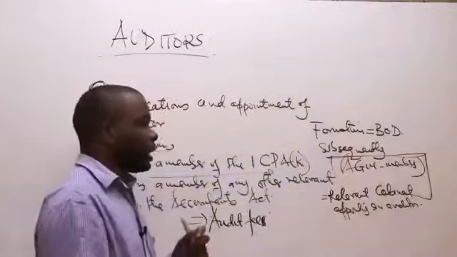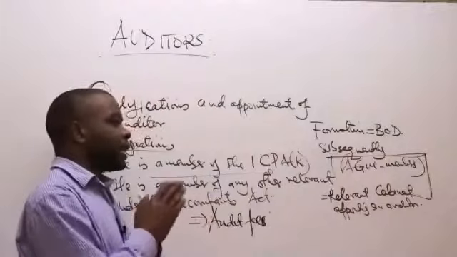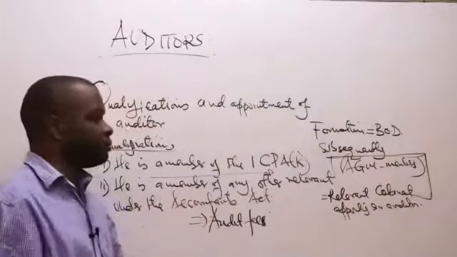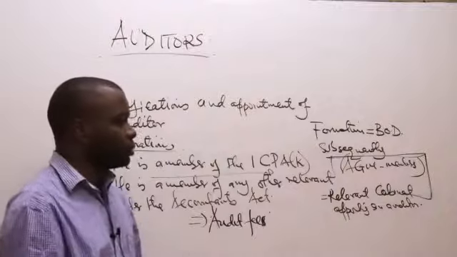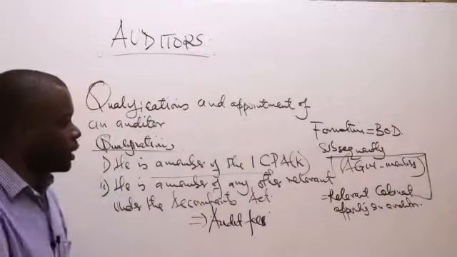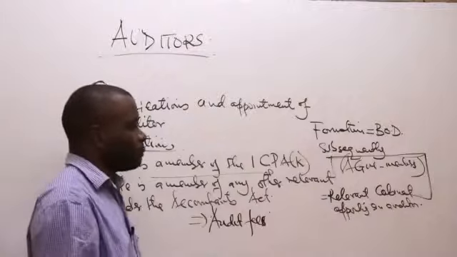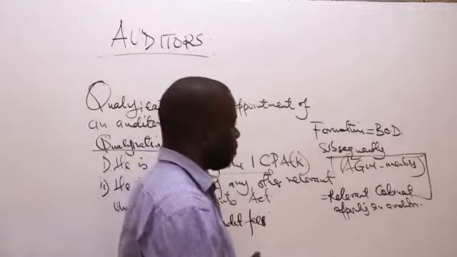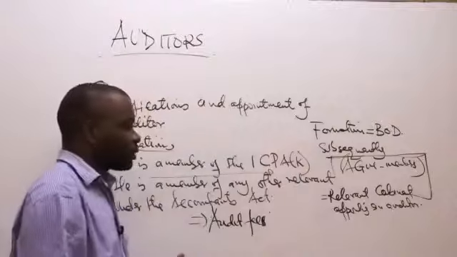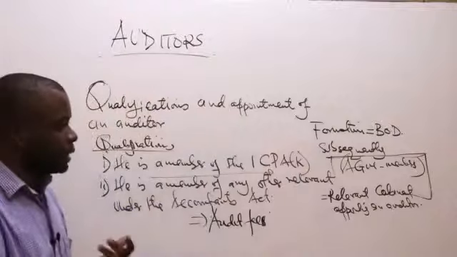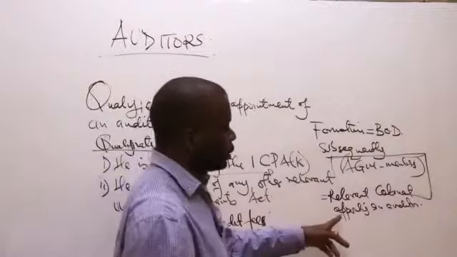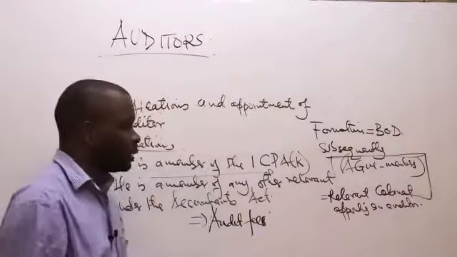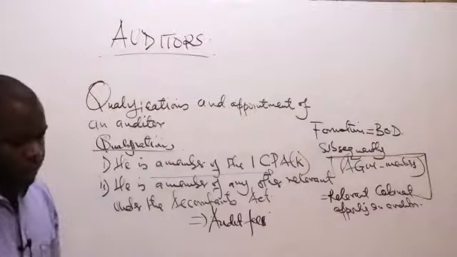And that auditor coming in to serve in the casual vacancy will serve until the end of the first AGM, when members could decide to reappoint him or appoint another person as auditor of the company. If the company fails to appoint the auditor, the company could make an application to the relevant cabinet secretary to appoint the auditor of the company.